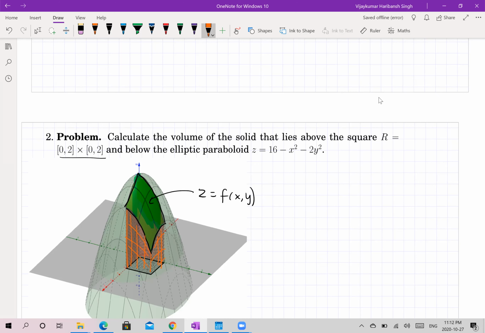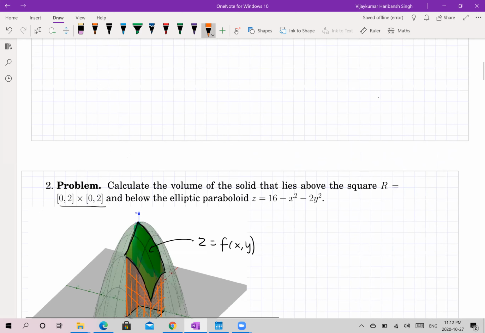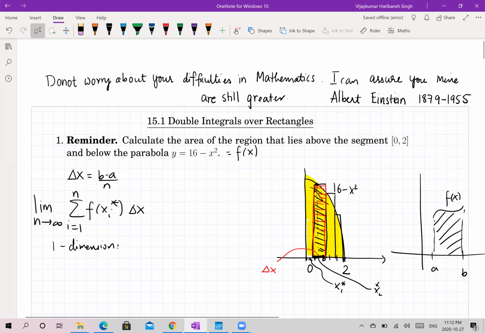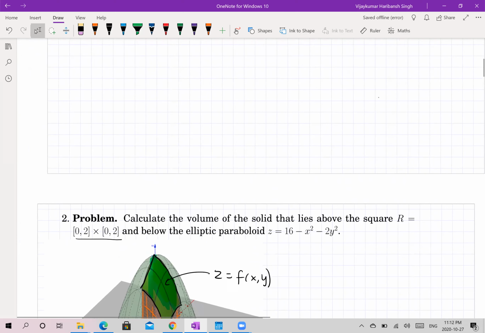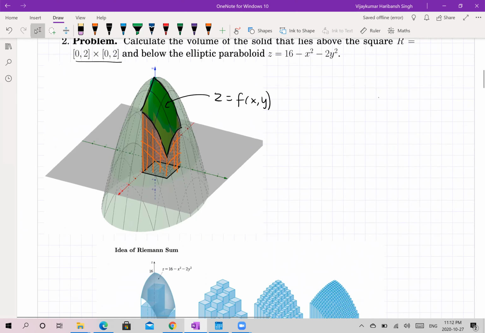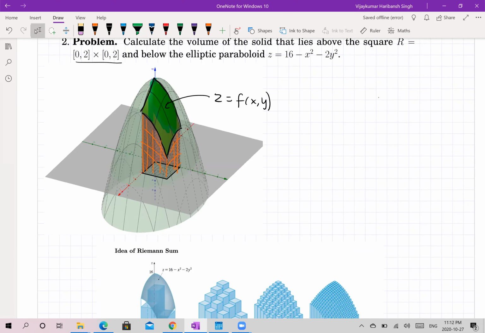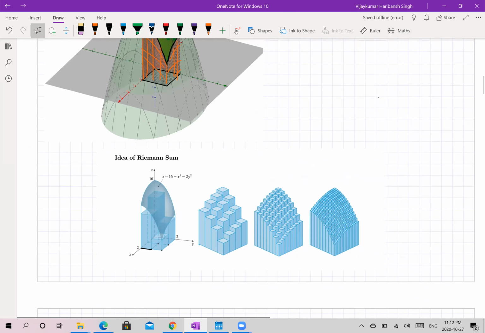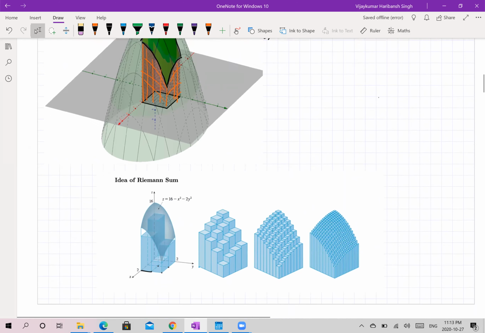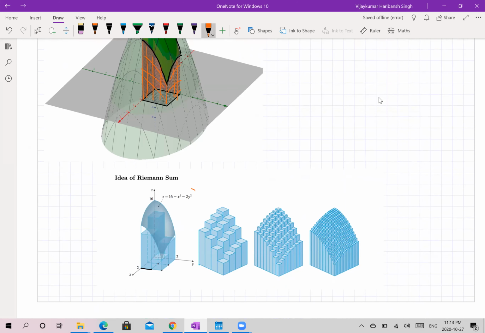Again, the idea would be the same. Instead of making rectangles like in the function of one variable, in a function of two variables, because we are finding volumes, we'll make rectangular parallelepipeds. The way we go about it is the following. Suppose we go back to z equals 16 minus x squared minus 2y squared.